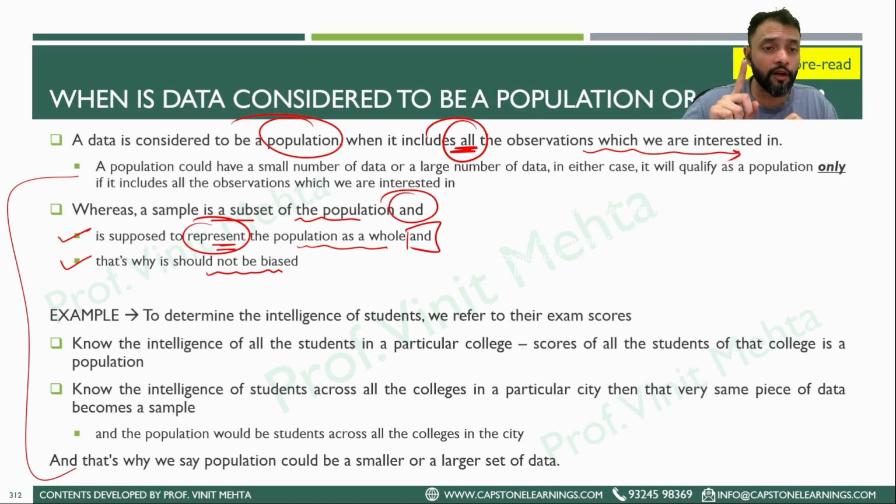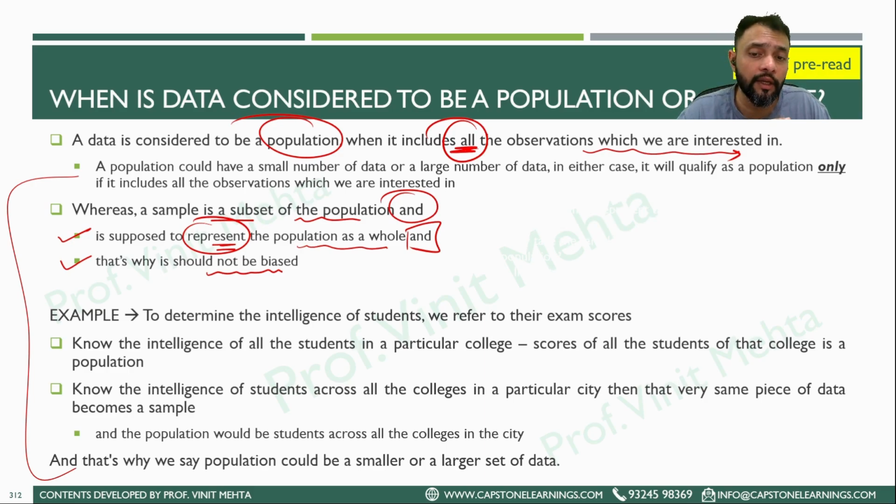But all the colleges in the world are not just teaching commerce and science, but also, let's say, arts, psychology, or whatever it is. So if I'm just taking those 10 Indian colleges, commerce and science, and trying to understand the education across the entire world, can I say that data set will not represent the population? Yes, that data set is a sample, but it will not represent the population.